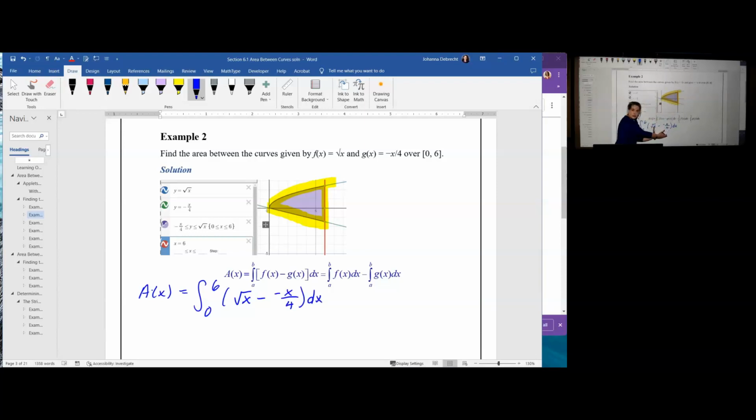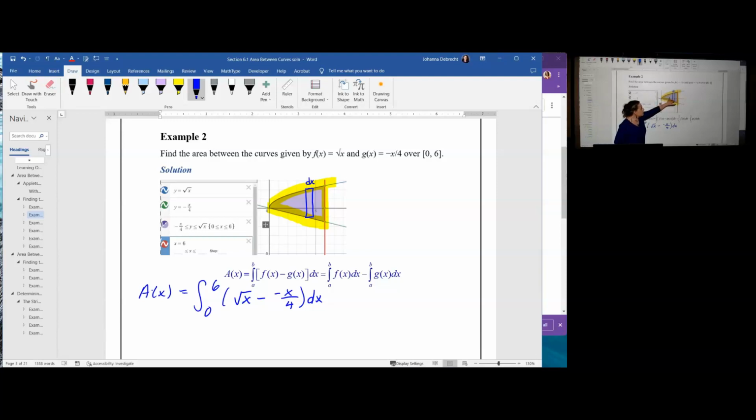Remember, the difference in the two functions is the difference in their y values, which gives you the length of the strip. It's always a good idea to go ahead and draw a strip. Label the small end with the differential. In this case, it must be dx.